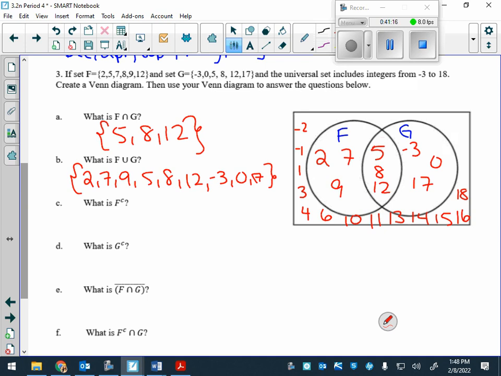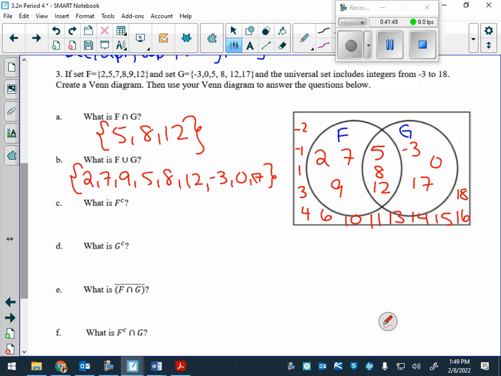What I post, you guys are going to see them all listed just in case you missed a number when we go through, okay? So this is 17 if you can't tell. What is not in F? Danielle? Okay, good. So it's -3, 0, and 17, and everything on the outside.